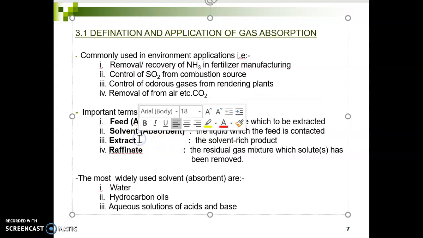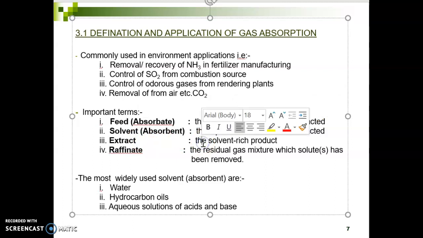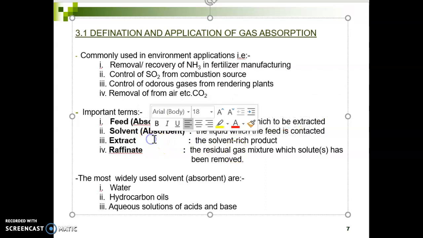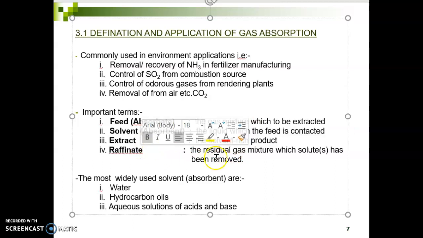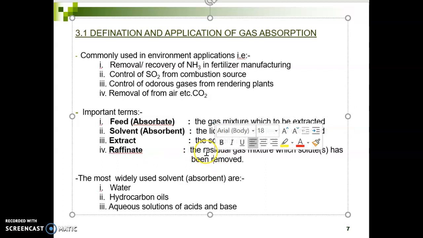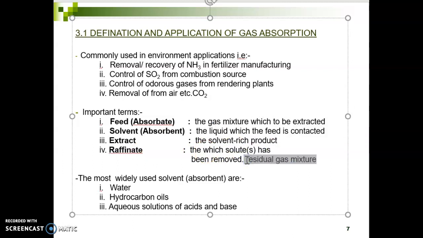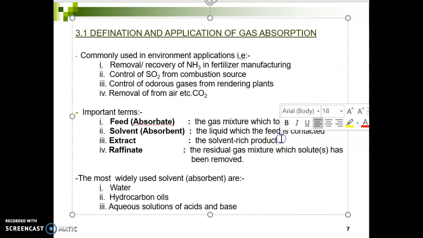So the products of our absorption process are the extract product, which is the solvent-rich product, and your raffinate product, which is your remaining gas mixture. Your solute A will be at high concentration in the extract stream and lower concentration in the raffinate stream.